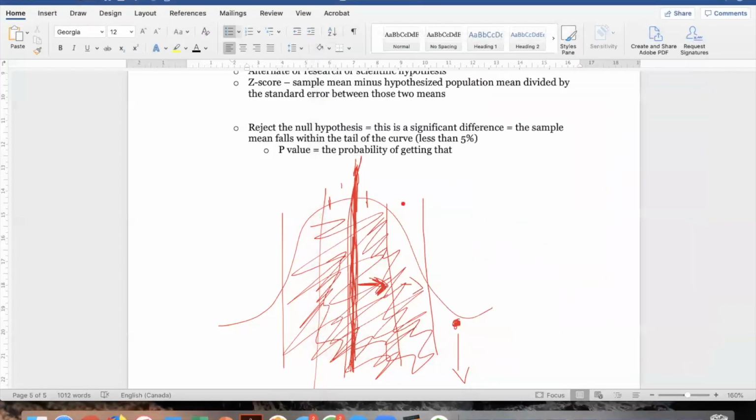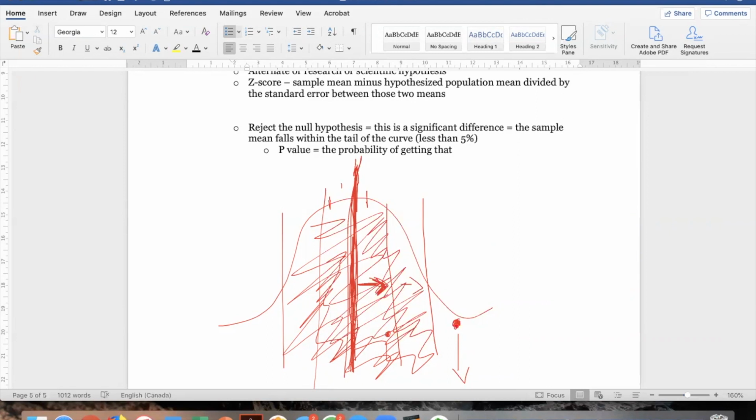Okay, so let's say your score lands here. Well, this is the average, so it's not even a whole standard error or standard deviation away from that average. So it's really not statistically significant at all.